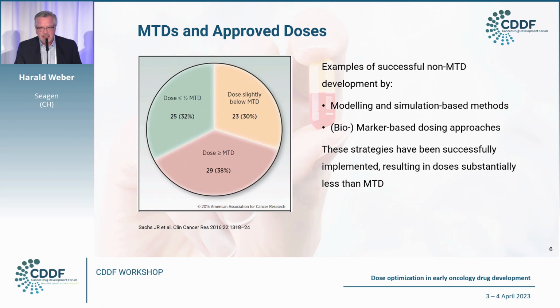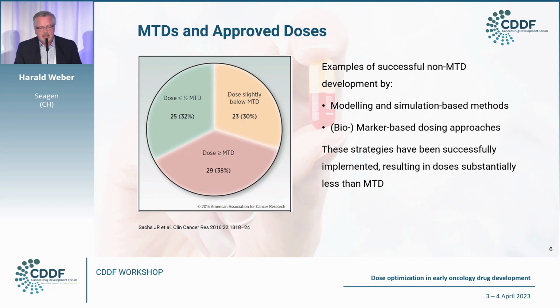The dose is slightly below the MTD in about 30% of the cases, and in 38% the dose is at the MTD or higher. Of course, this picture has to be taken with a grain of salt, because it doesn't take into account the mode of action. Is it a chemotherapy, a targeted agent, a monoclonal antibody?